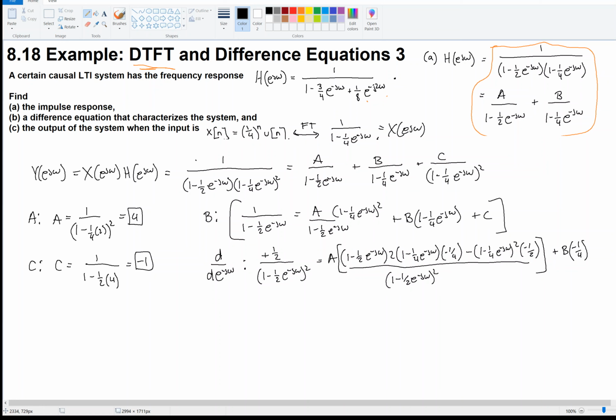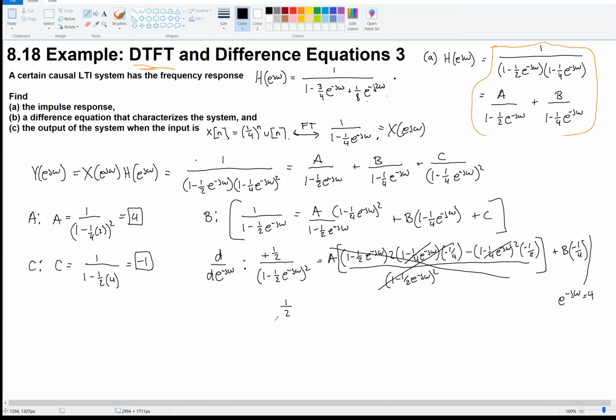Then I let e to the minus j omega be equal to 4. I let that be equal to 4, and then you see what happens here. This is 0, this is 0. So the total contribution, I have 0 minus 0 over something that's non-zero. The total contribution from a goes away.